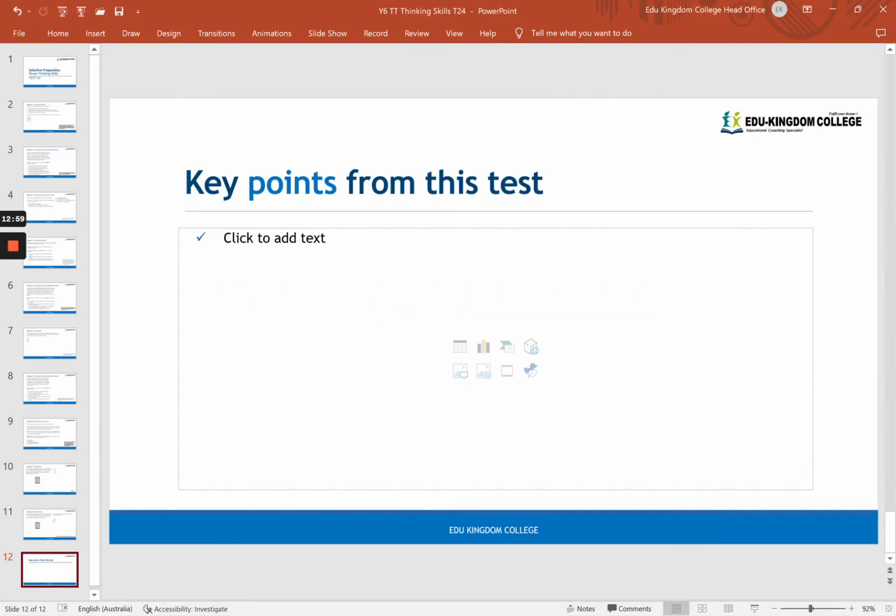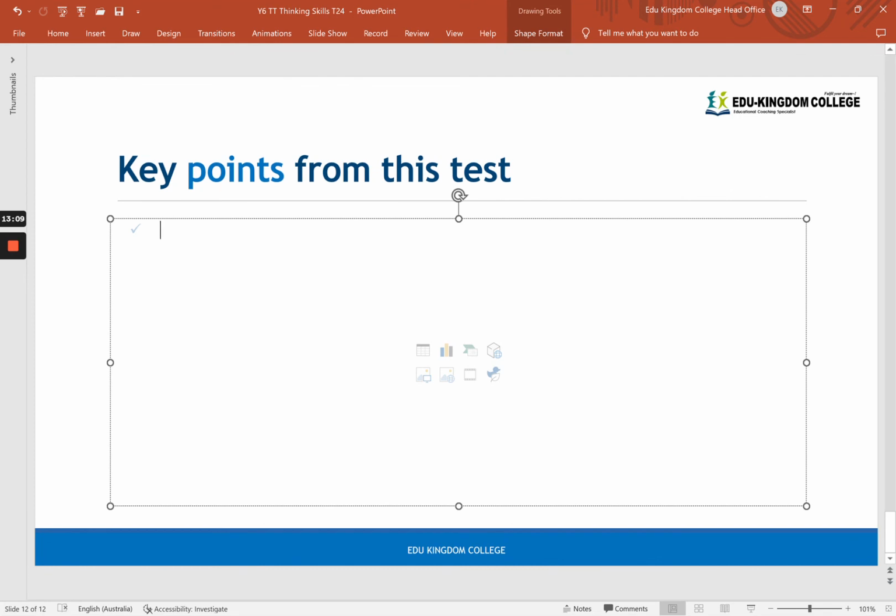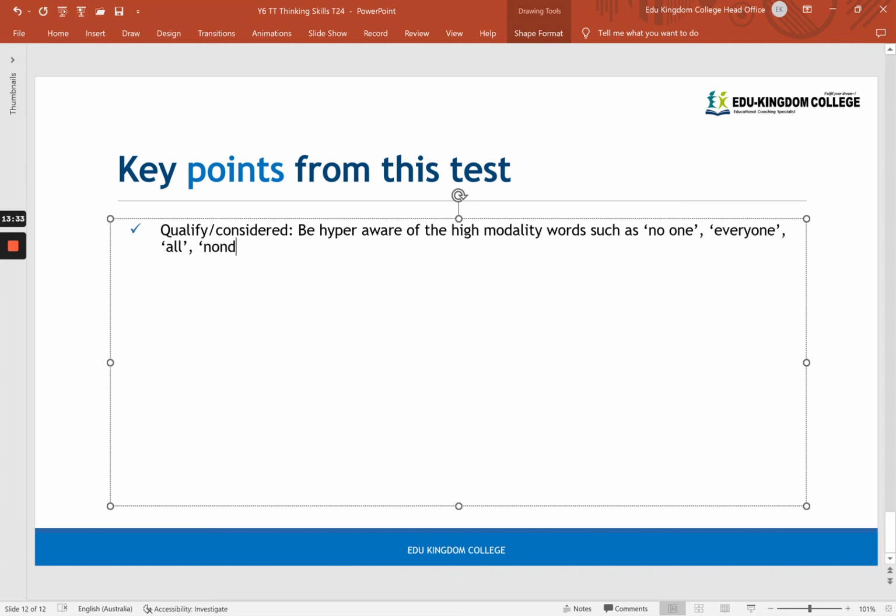Key points from this test. For qualify considered questions, so will she be considered, be hyper aware of the high modality words, such as no one, everyone, all, none.